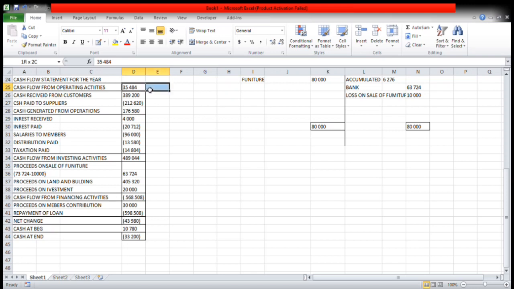We're going to take this amount, add this one, less this one, and let's see if we can get this amount of 43,980. Yes, we have 43,980.